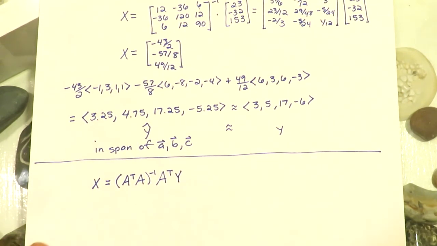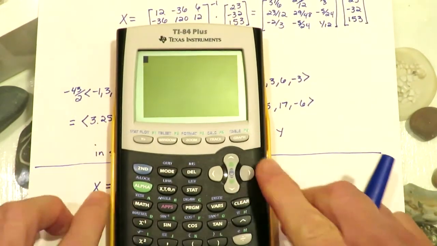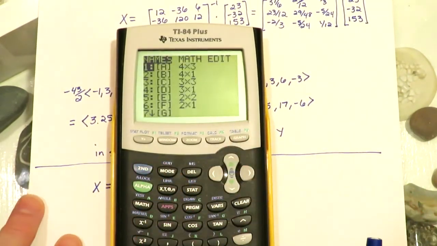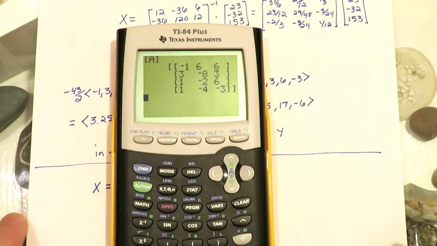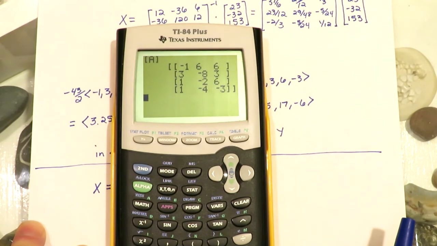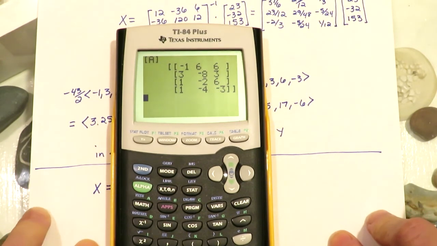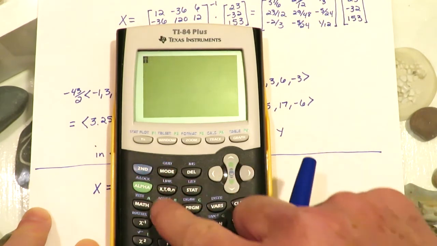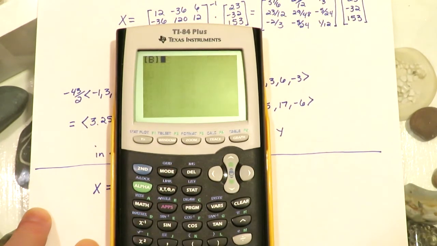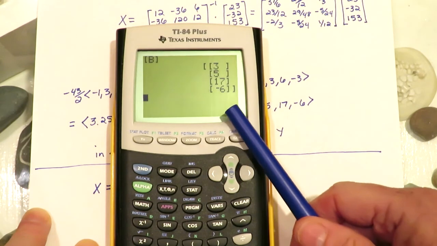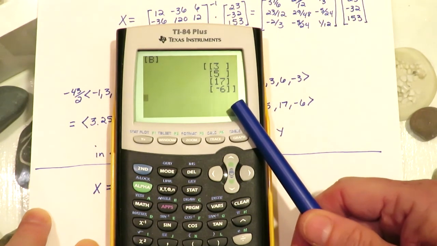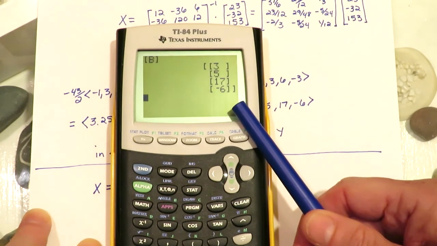So on our calculator here, I have in A our original matrix A, negative 1, 3, 1, 1 is the first column, 6, negative 8, negative 2, negative 4 is the second column, 6, 3, 6, negative 3 is the third column. And then in B, I have the vector that we were trying to approximate: 3, 5, 17, negative 6.